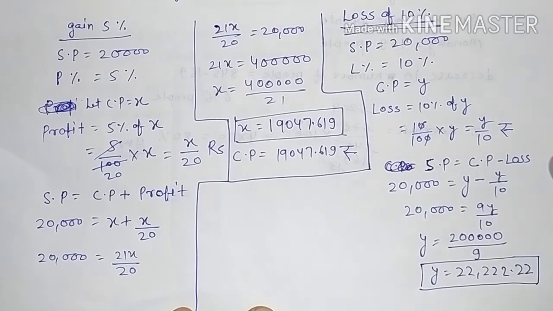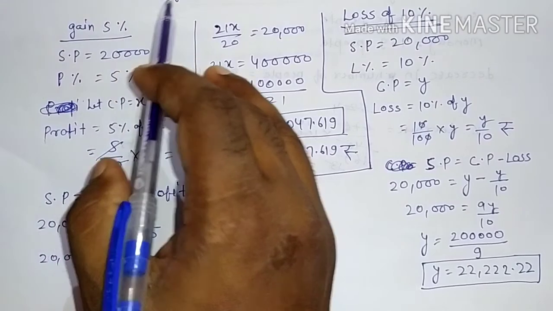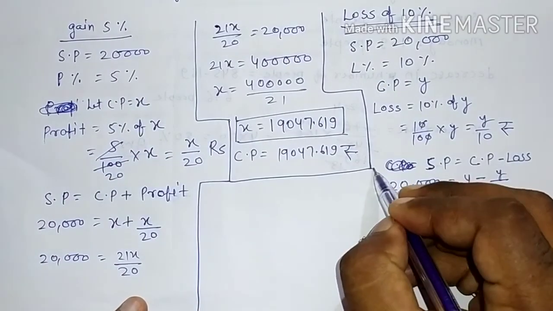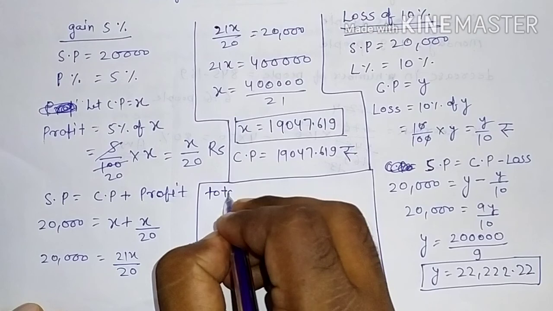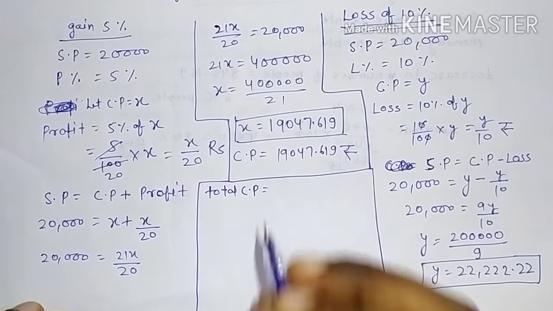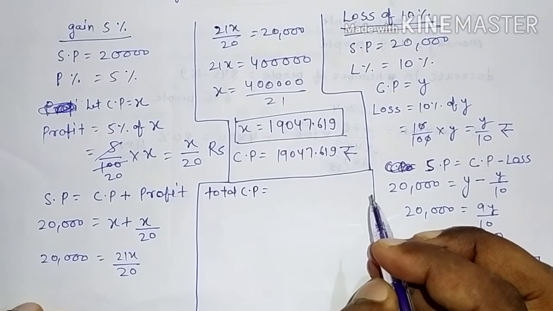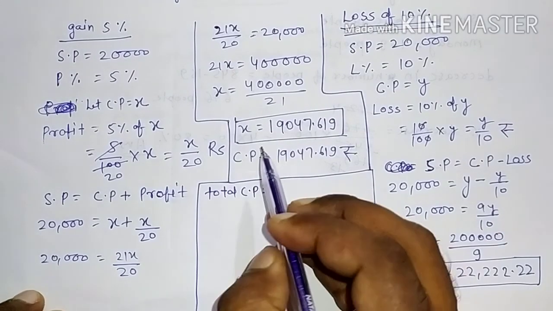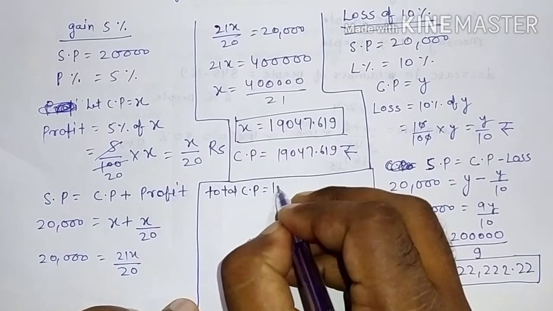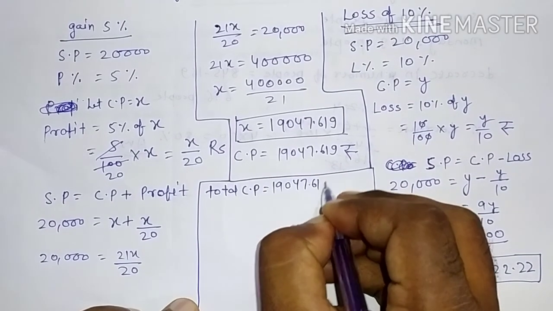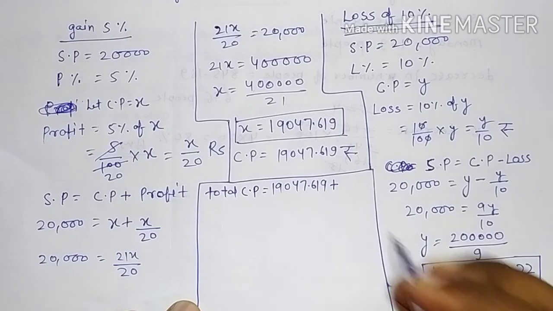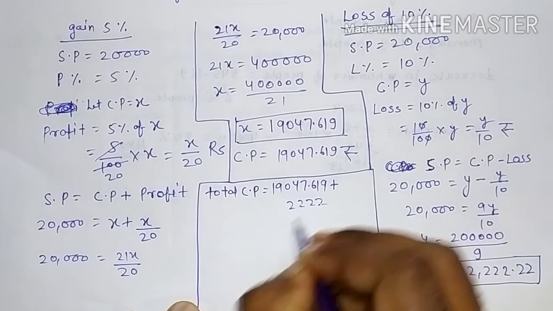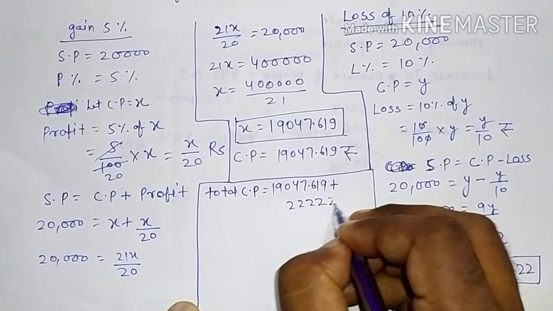So what we have to find? We have to find the overall gain or loss. So the total CP of two buffaloes is: the first buffalo's CP, 19047.619, plus the CP of the second buffalo, that is this, 22222.22.